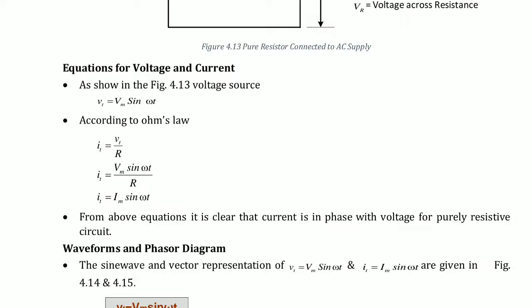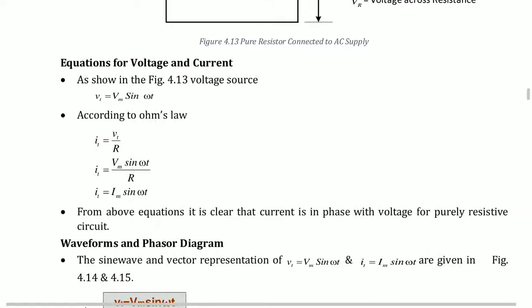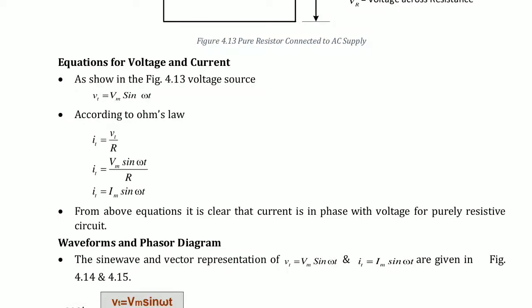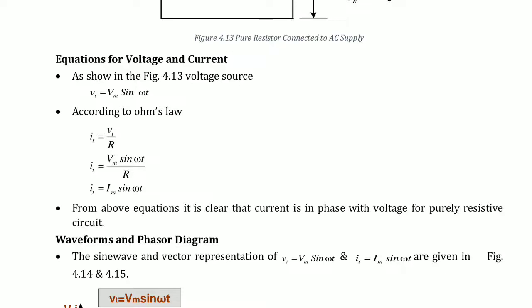So here Vm by R is the maximum voltage divided by R. The maximum voltage by resistance gives the maximum current. So the instantaneous current equation is i equal to Im sin omega t.